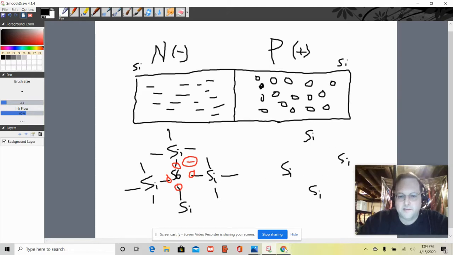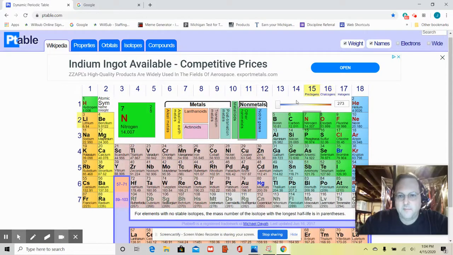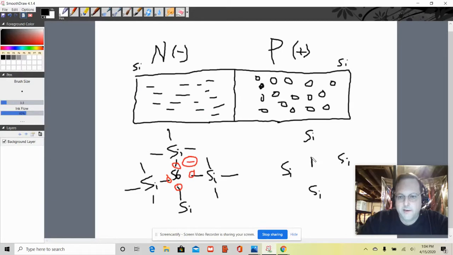But let's say in the center of this, I put boron. I'm going to have the same structure, but I'm going to make a little small thing here. I'm using 1 electron here, 1 electron here, 1 electron here. And right here, I only made this small because I'm missing an electron.